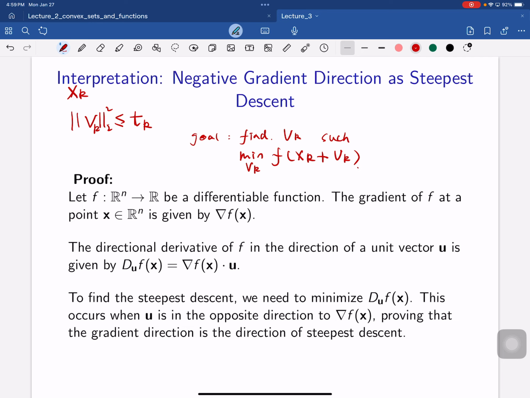Yeah, exactly right. So it does not necessarily have to be the negative gradient direction, because the negative gradient direction is a local property. It only says the negative gradient direction gives you the steepest descent at this particular point xk. If you move a little bit away from xk and take the gradient again, you are going to have a different direction.